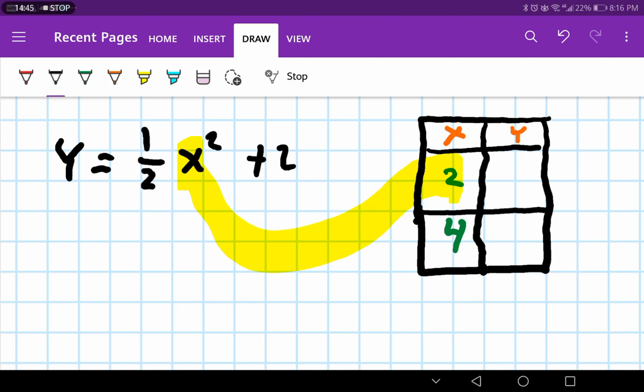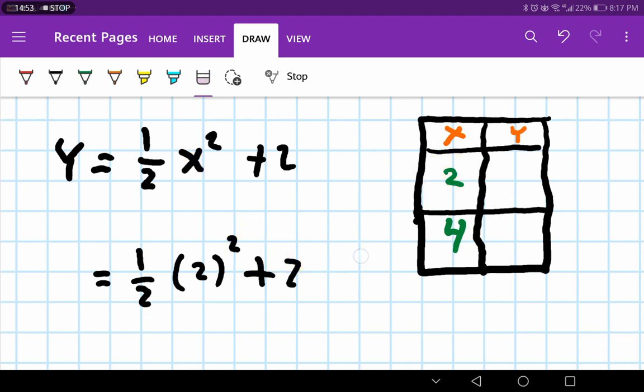Easy. We do like this: 1 over 2, and the 2 will be squared, plus 2. How can I calculate this? This will multiply by itself. It gives me 4, and half of 4 is 2, and 2 plus 2 equals 4.